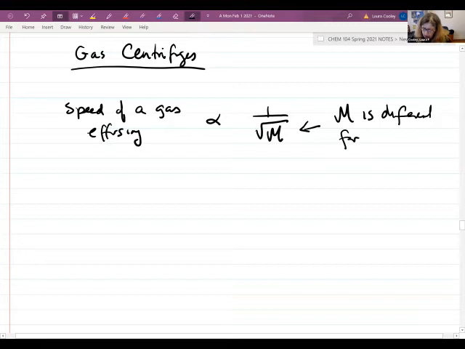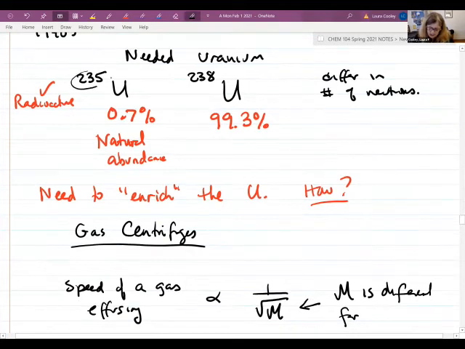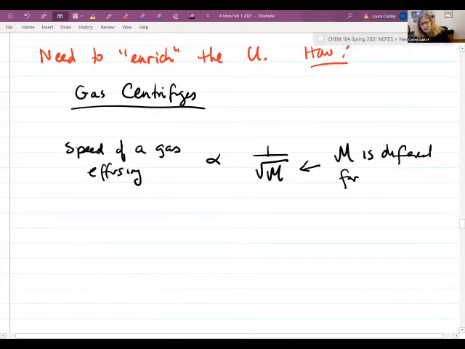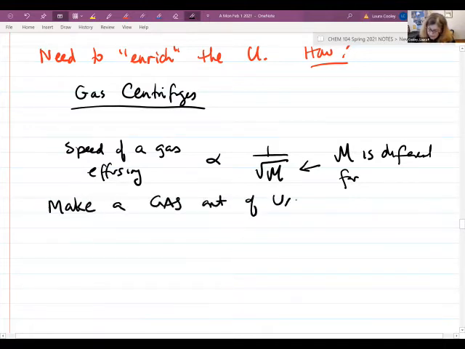And the molar mass is different for the two forms of uranium, right? One is 235 and one is 238. But before you can even enrich this uranium, you've got to make a gas out of the uranium. The gas that you could make from uranium is UF6.